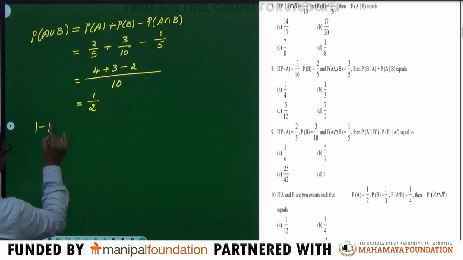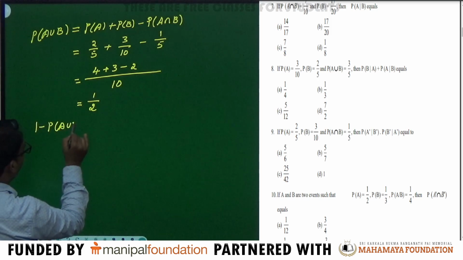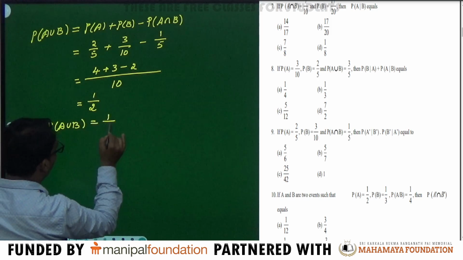Therefore, 1 minus probability of A union B is also equal to 1 by 2.